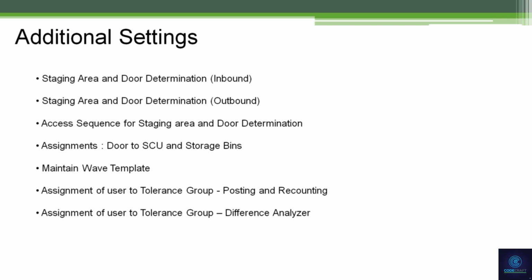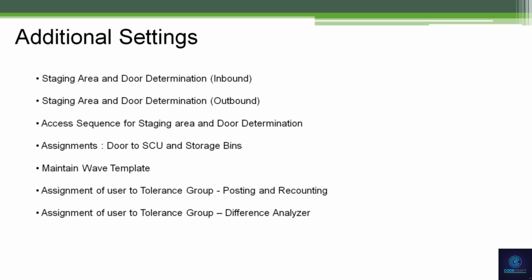The settings that we plan to maintain are staging area and route determination for inbound and outbound, and the access sequence based on which this staging area and route determination will be determined. It is determined based on process type or process type and route combination.